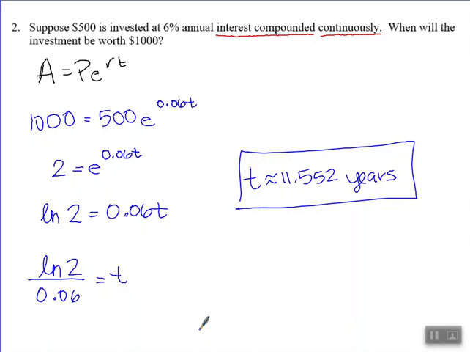Here we're compounding the interest continuously, so that means you are redoing the calculations all of the time. And this is the fastest that you can get from $500 to $1,000 with an interest rate of 6%.